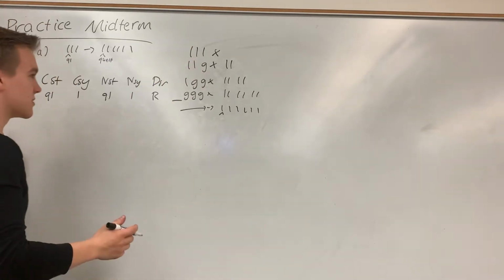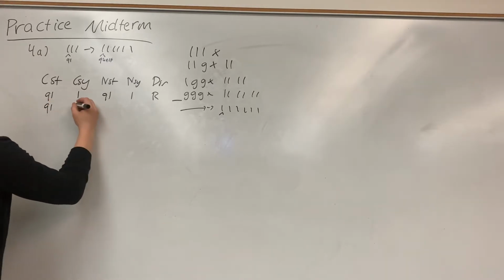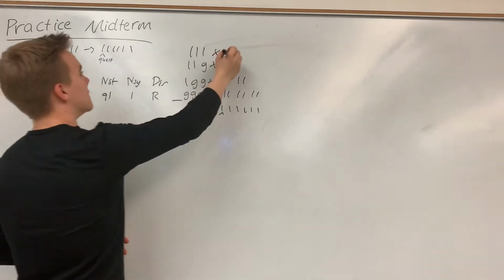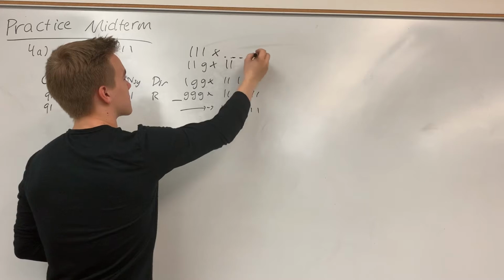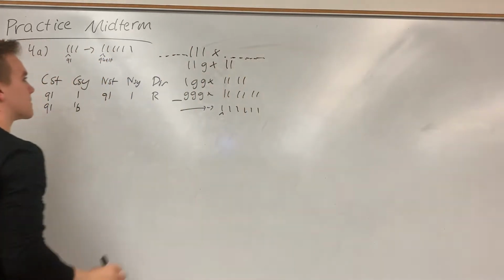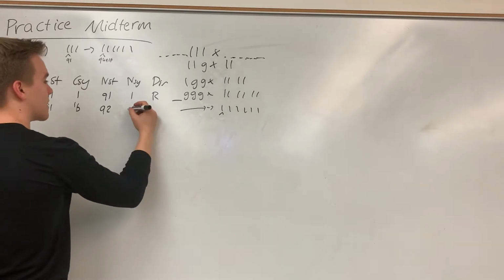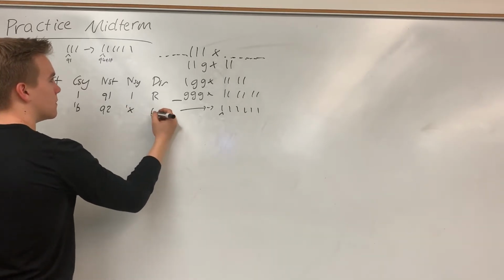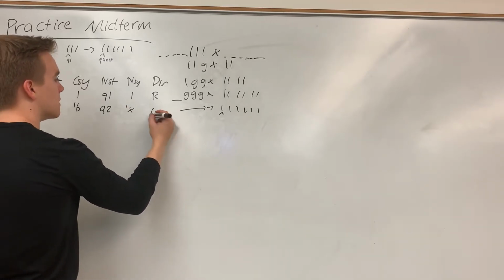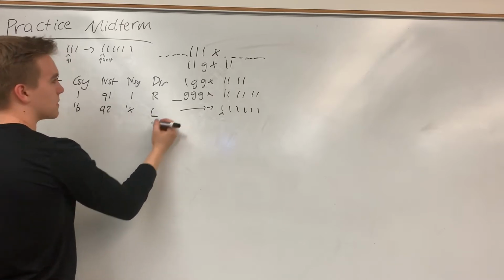I shouldn't have to worry about zeros here. But if Q1 encounters a blank, which I'm assuming these are all filled with blanks, then it changes to Q2, makes that blank into an X, and moves to, let's say, the left.